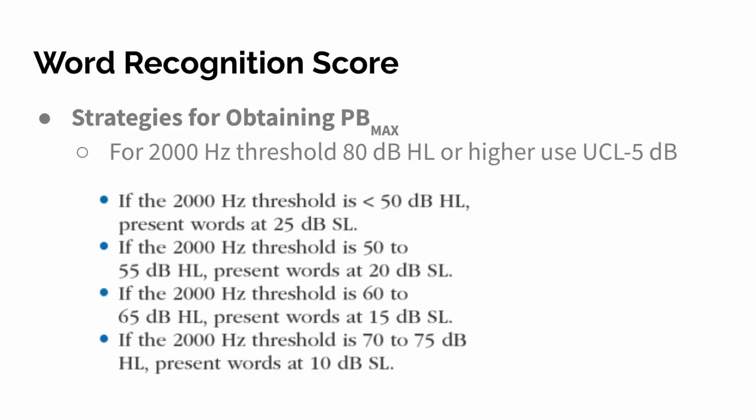But you can see that as you move up in intensity on your 2,000 hertz threshold, you're adding less and less sensation level until you get up to about 85 dBHL as your max presentation level for a 75 dBHL threshold at 2,000 hertz. Above that, just use UCL -5.